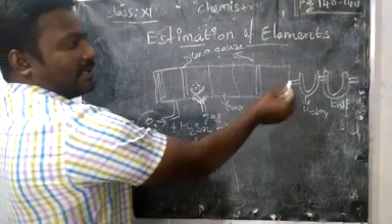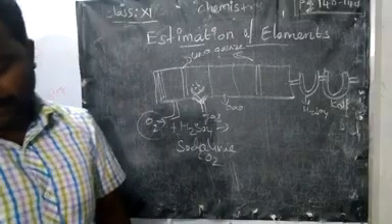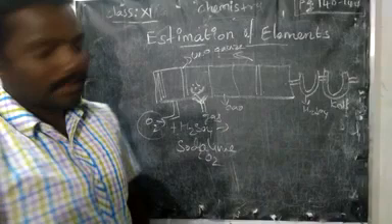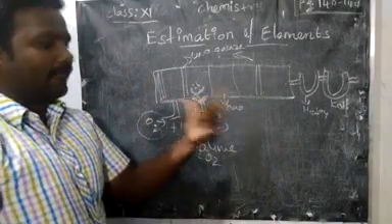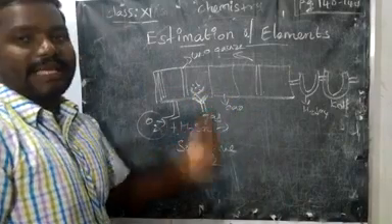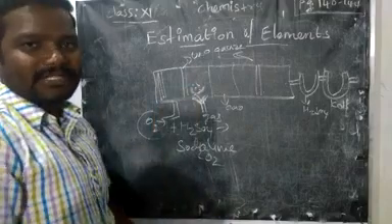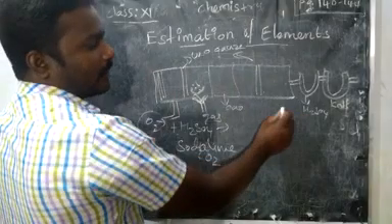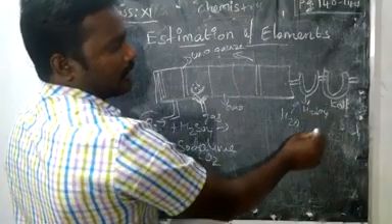It is connected with two U tubes, which is called the absorption apparatus. This is called the combustion tube. Here we are heating with the gas burner, so the reaction will carry out. Carbon will oxidize into carbon dioxide, hydrogen will oxidize into water. Water will be absorbed by H2SO4.